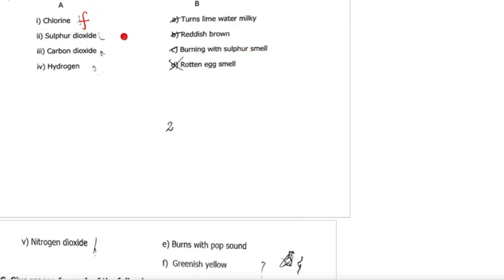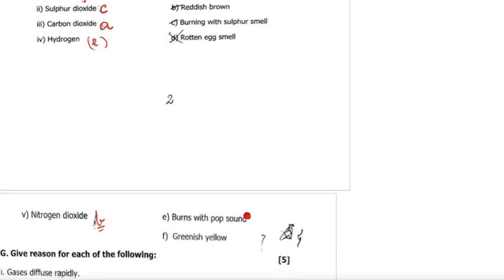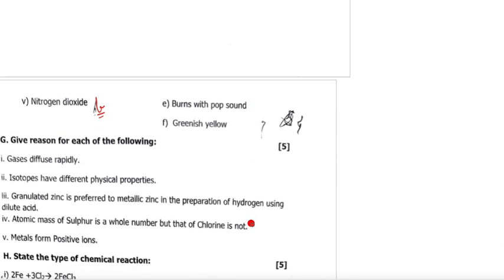This is more appropriate, so this will be C. Carbon dioxide turns lime water milky, so it is A. Hydrogen burns with a pop sound, so that is our E. And nitrogen dioxide is reddish brown, and that is our B. Okay, so this was easy. I hope all of you got full marks for this subpart.